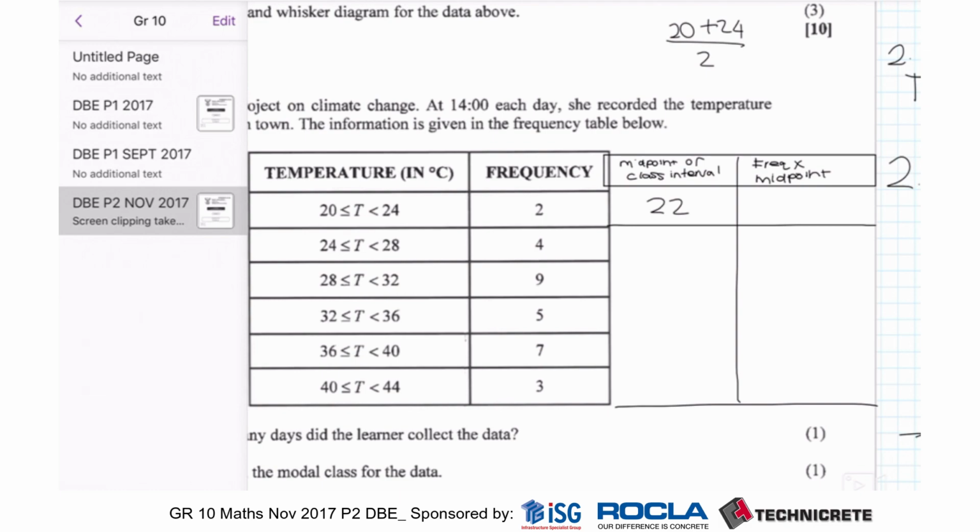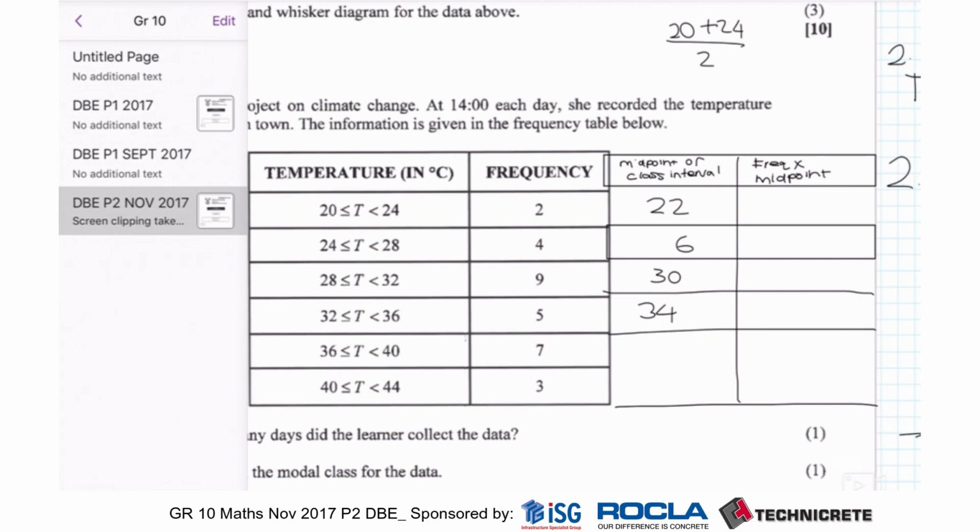Second one, 24 plus 28 divided by 2, 26. The next one, 28 plus 32 divided by 2 is 30. The next one is 32 plus 36 divided by 2, 34.